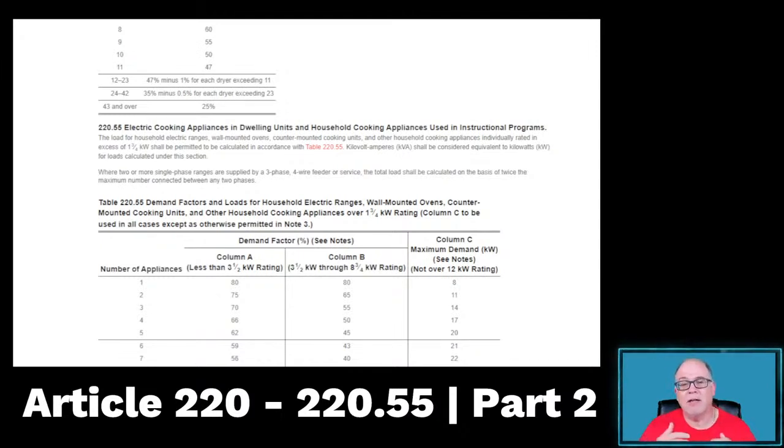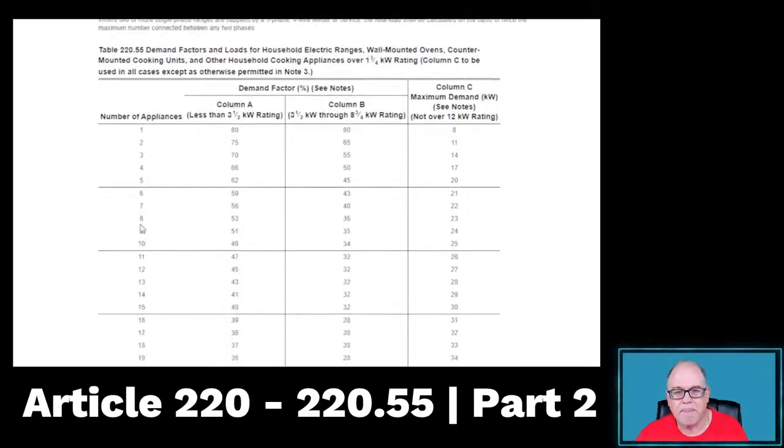While we're here, let's look at those two together, 2 of them under column C. So go to the left under number of appliances, and we're going to be looking at right here, 2. It's going to be 11. Right there. So this is going to be a cool one, right?